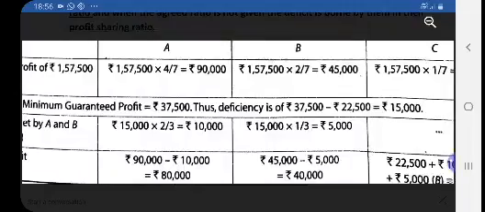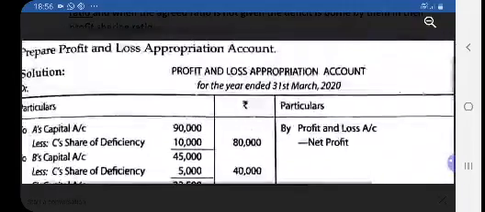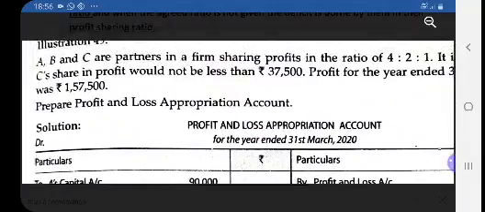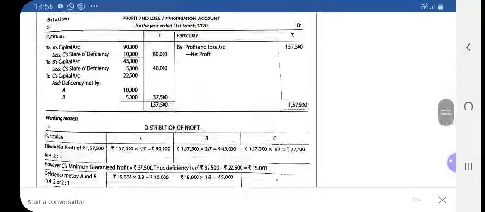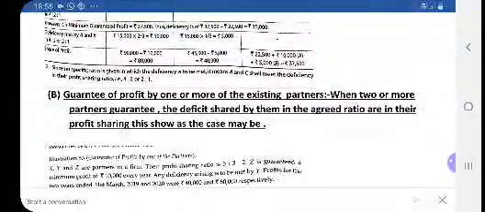So this is about the deficiency borne by all the remaining partners. Now moving ahead to the next case, the guarantee of profit by one or more of the existing partners. Let us discuss this topic.